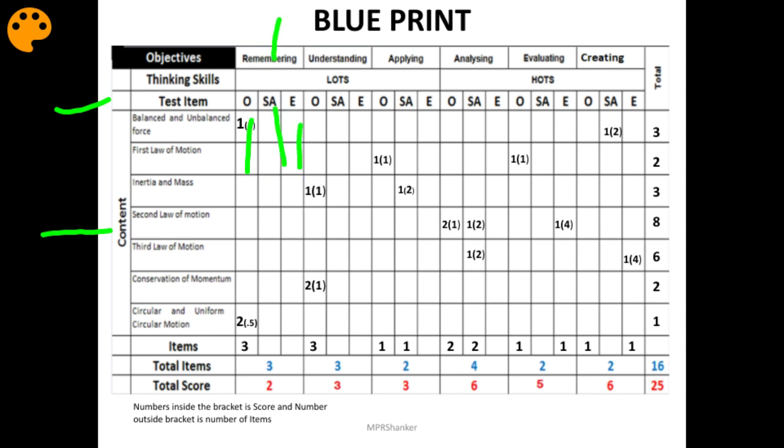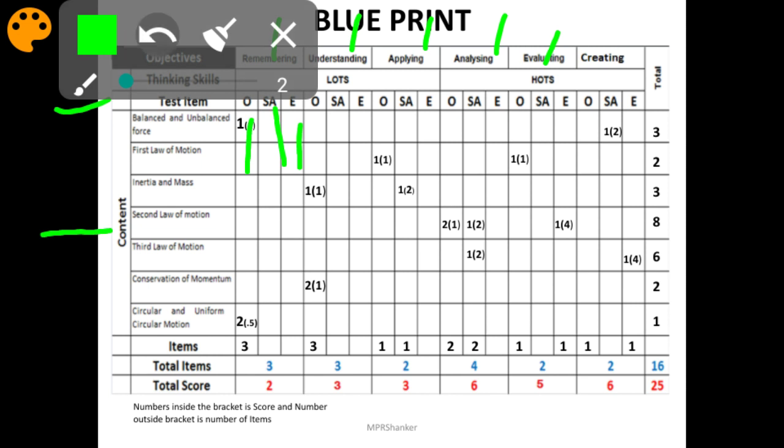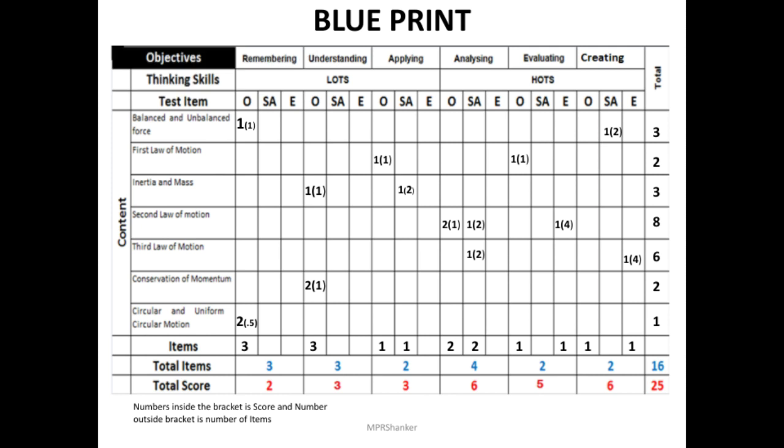For each objective like remembering, understanding, applying, analyzing, evaluating and creating, and corresponding to each block of content, we can see numbers written under each type of item box.